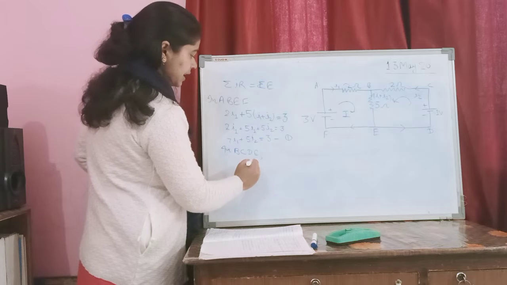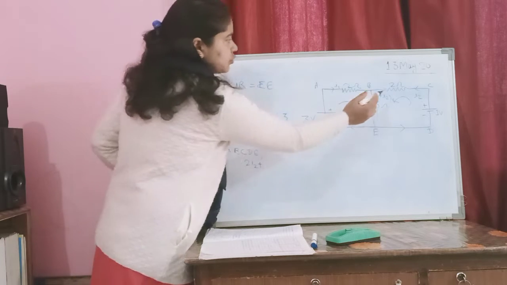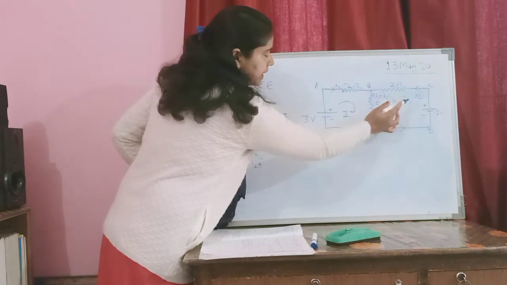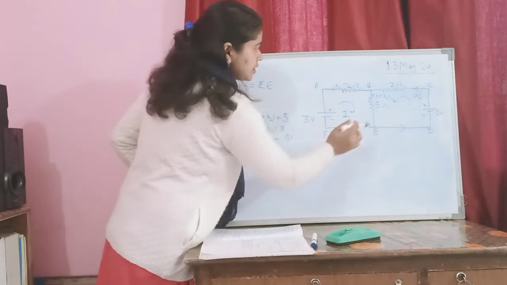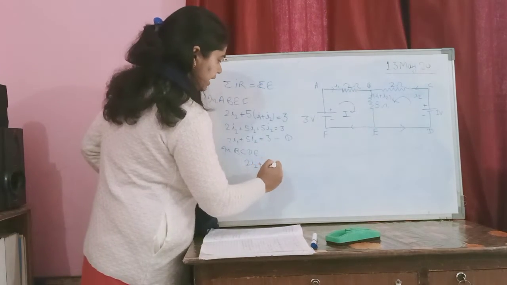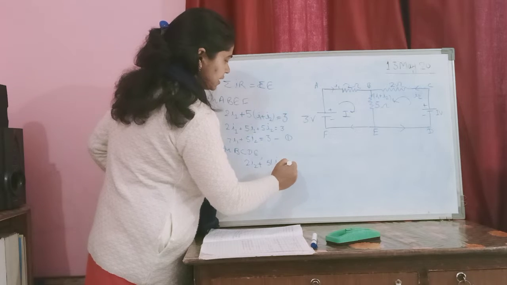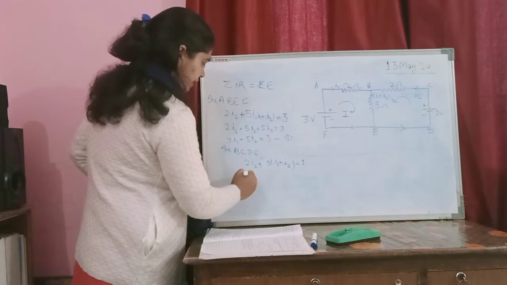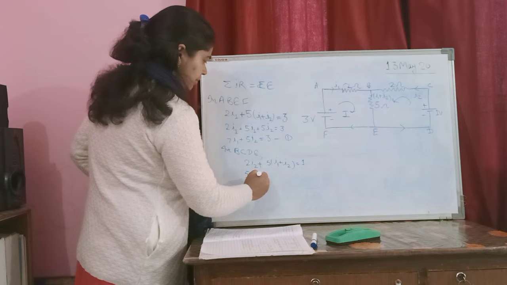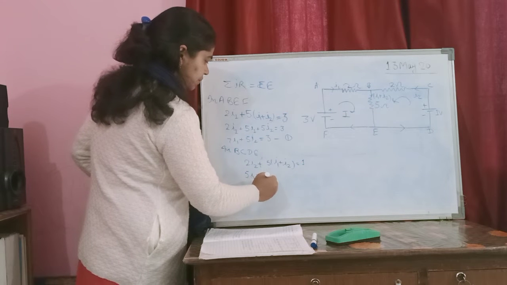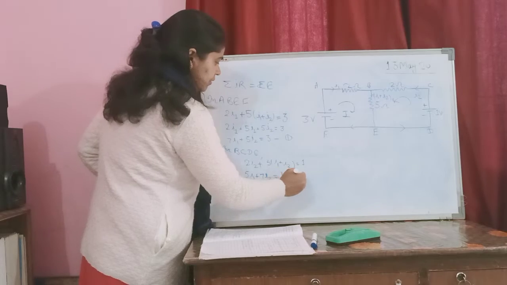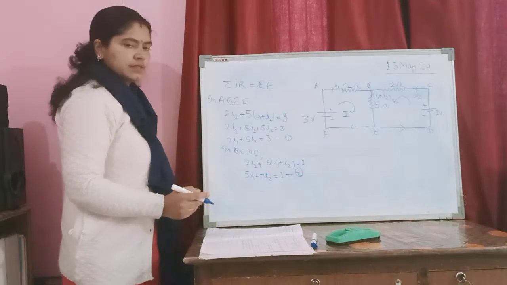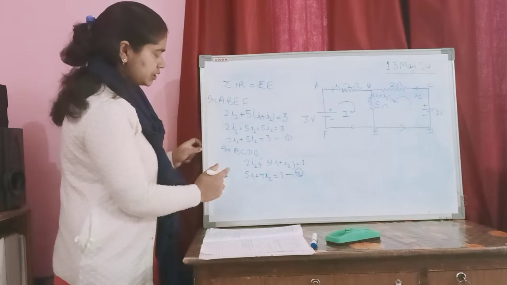So 2I2 plus 2I2 is the multiplication of resistance and current along this branch, plus 5 times I1 plus I2, equal to 1. Or we can say 5I1 plus 7I2 equal to 1. This is equation 2. Then solve these two equations, equations 1 and 2.